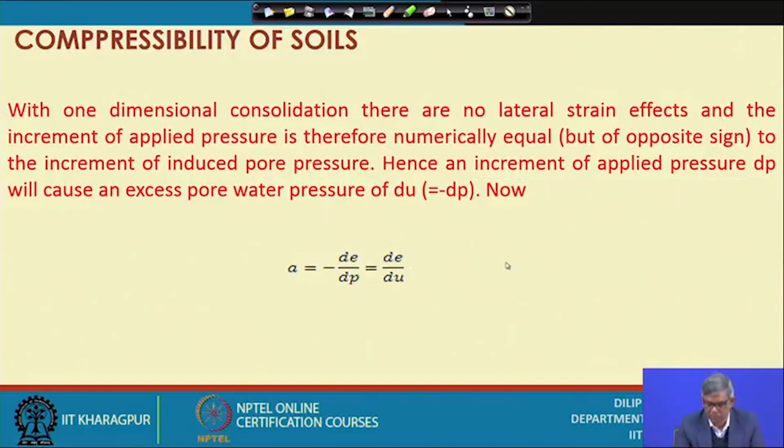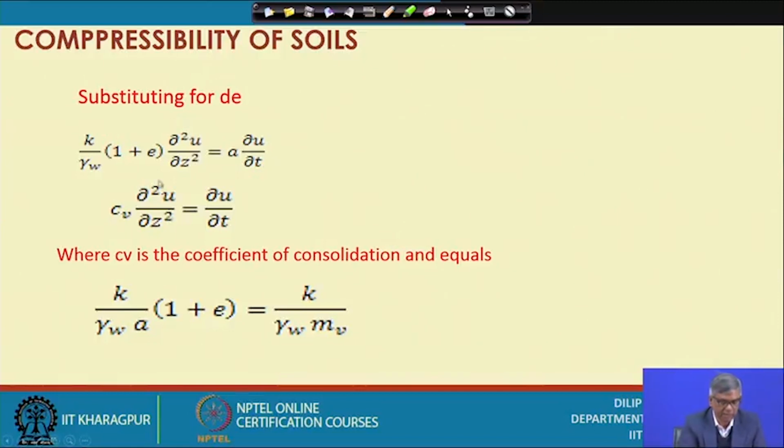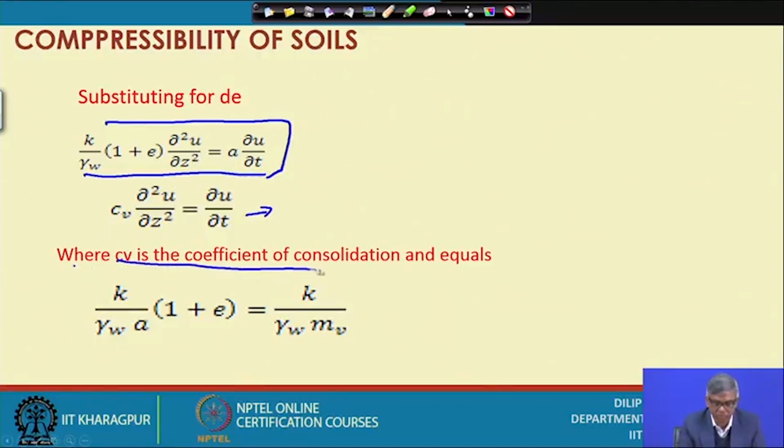Now, if you substitute those, the equation will come to this form: k into 1 plus e by gamma w a, into del 2u by del z square equal to del u by del t, or Cv into del 2u by del z square equal to del u by del t. Here Cv is defined as the coefficient of consolidation, which will be k by gamma w a into 1 plus e.